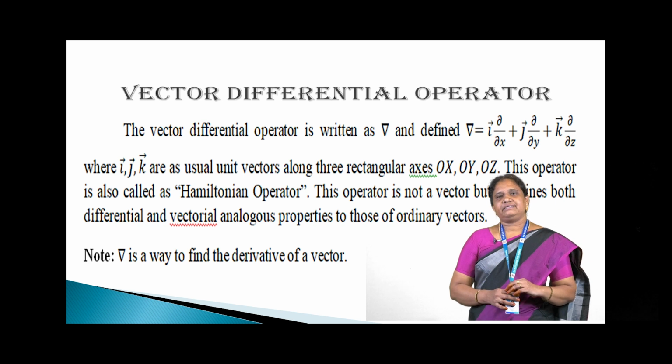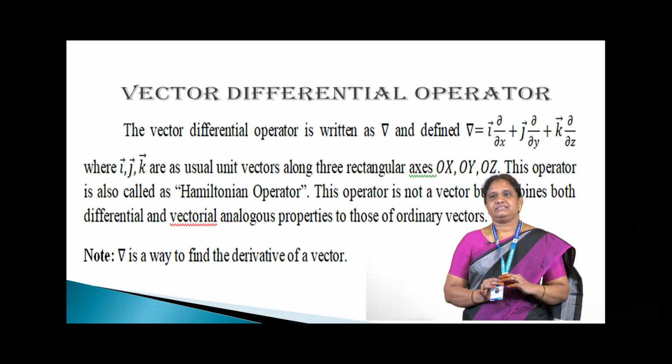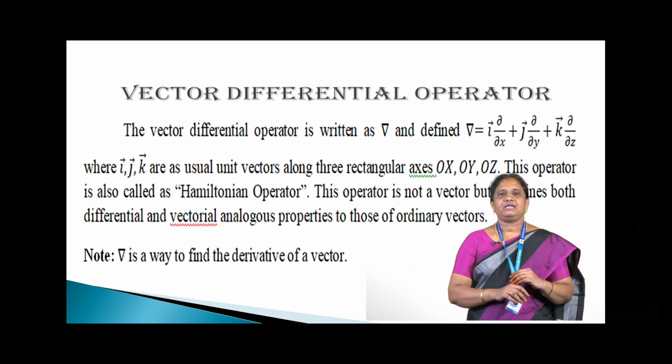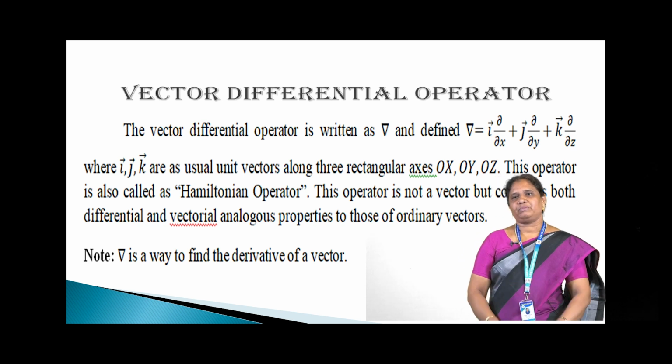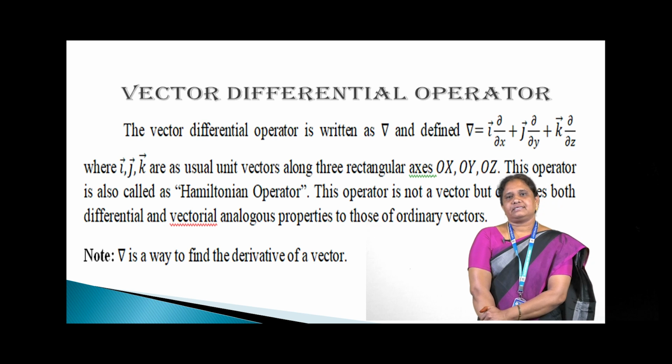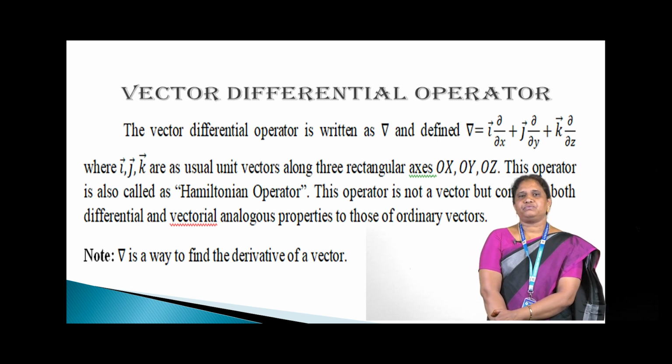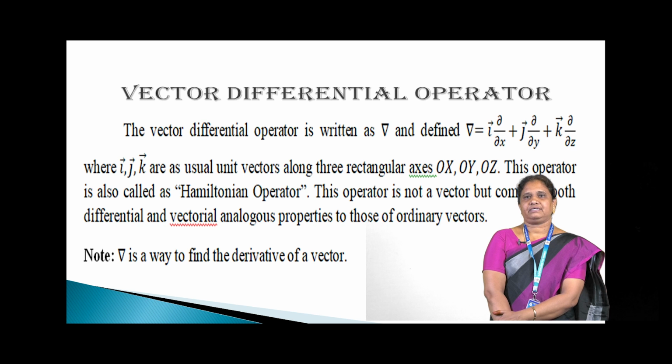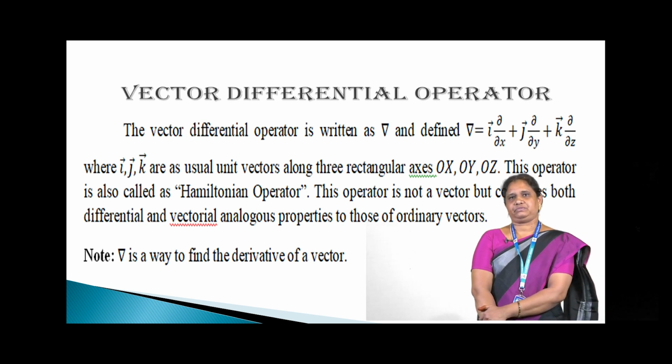This operator is not a vector, but it combines both differential and vectorial properties analogous to those of ordinary vectors. And the note is given as: del is a way to find the derivative of a vector. If a vector is given, we can use del and find the derivative.